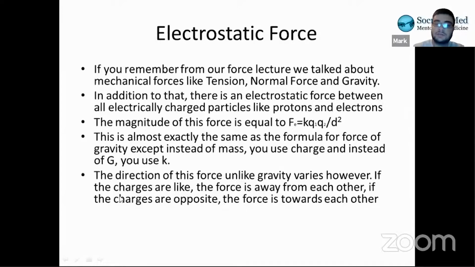The direction of this force is different from what it is for gravity. If you remember, any two objects, no matter what objects or their masses or their sizes or the distance or anything like that, the gravitational force between two objects is always towards each other. So for example, I have this pen and I have myself or my hand right here. My hand and this pen have a gravitational force between them, right?